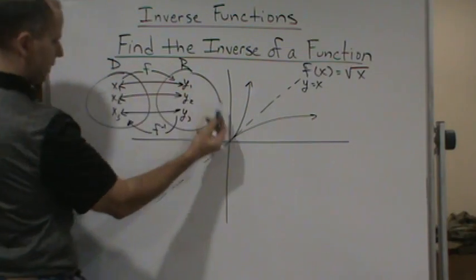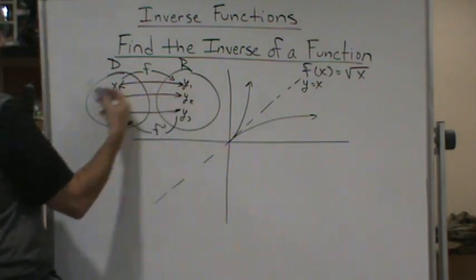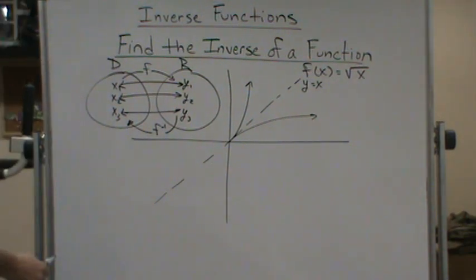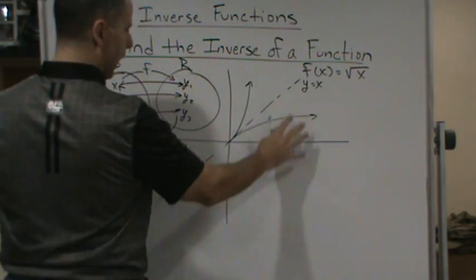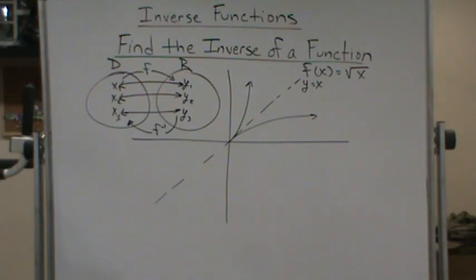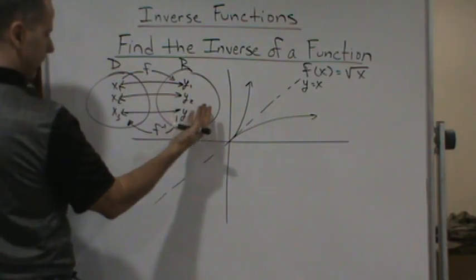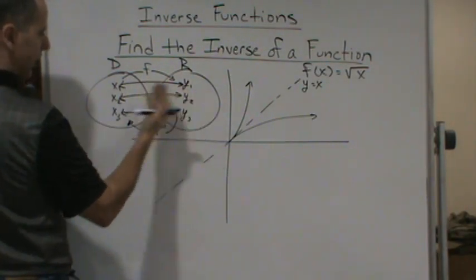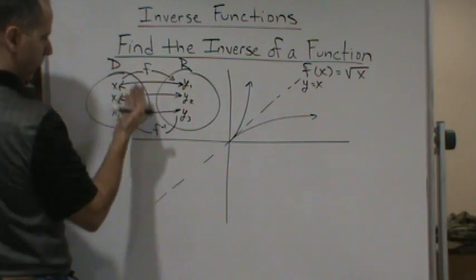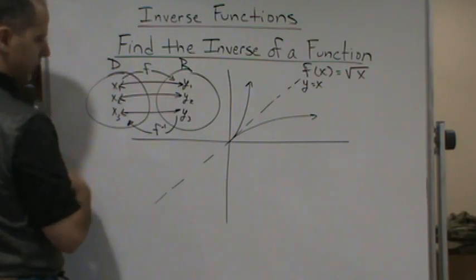So f goes this way, f inverse goes the other way. And so that's also what's going on here. It also tells you how the domain and the range switch when you go from talking about the function to the inverse function.